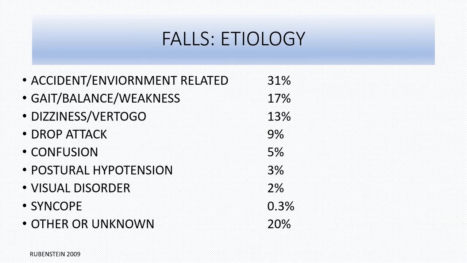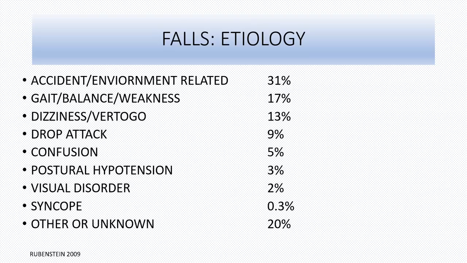Looking at the etiology of falls, number one are accidents, and frequently these are environmentally related in the patient's home. But beyond that, number one is gait and balance and weakness. So that here again, as podiatric physicians, there is nothing stopping us from assessing that patient's gait, assessing their balance, and assessing them for the presence of any lower extremity weakness, and making appropriate recommendations, appropriate interventions.